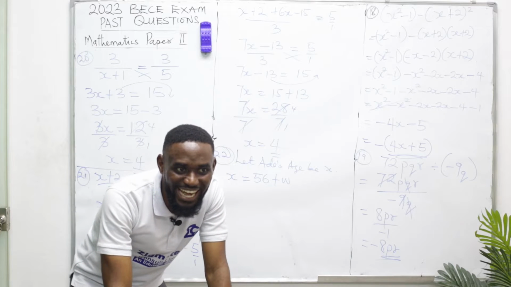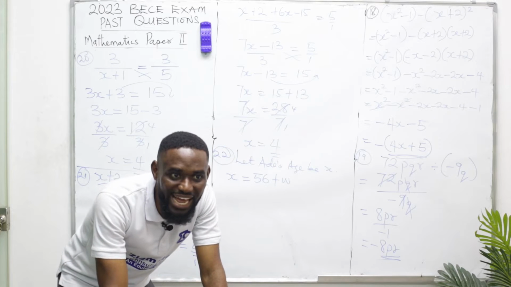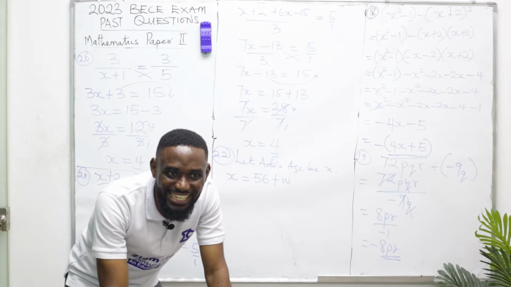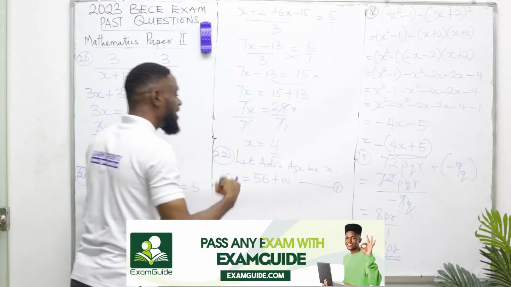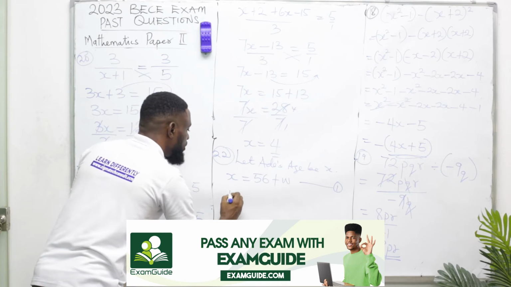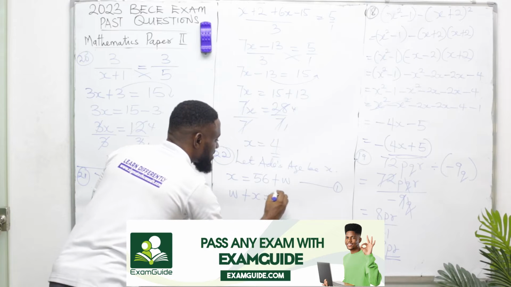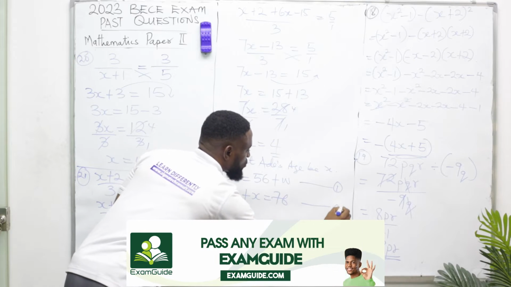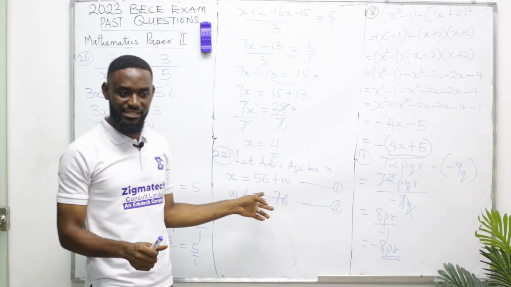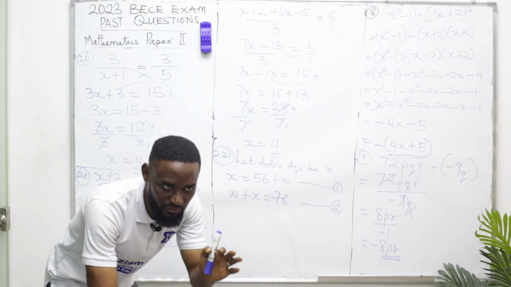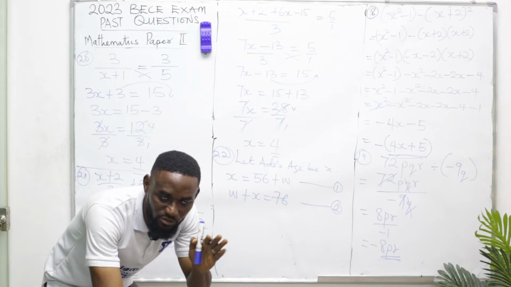So Ade's age is 56 more than his son. Now find the value of W when the sum of their ages is 76. This is our equation 1. So when the sum of their ages, W plus X, is 76, equation 2. You have to understand this very well. The sum of which ages?